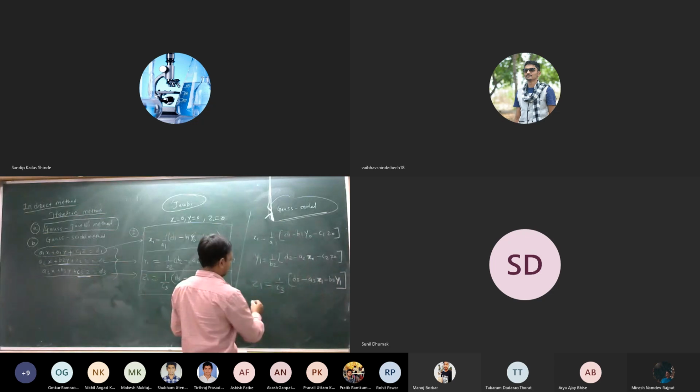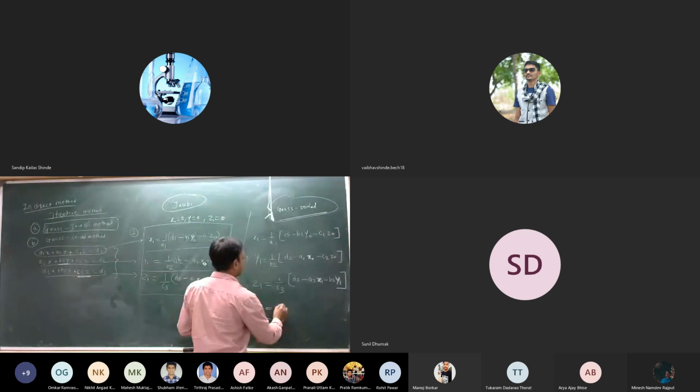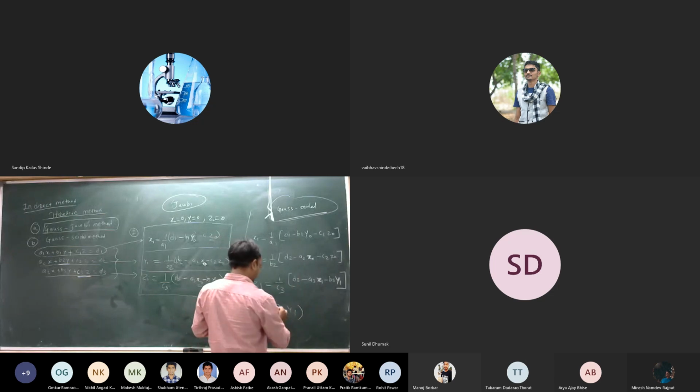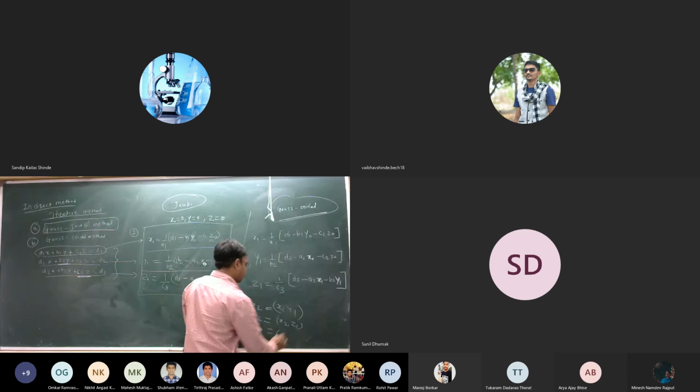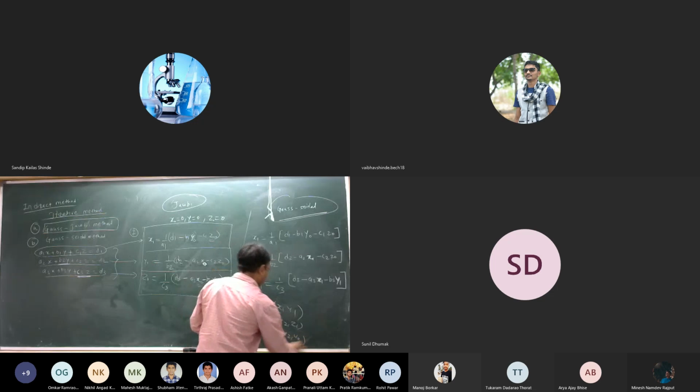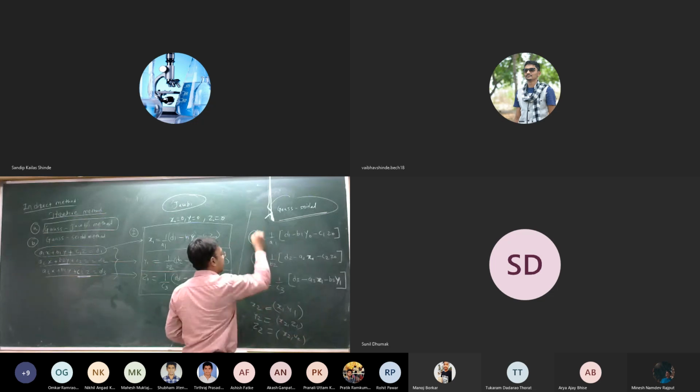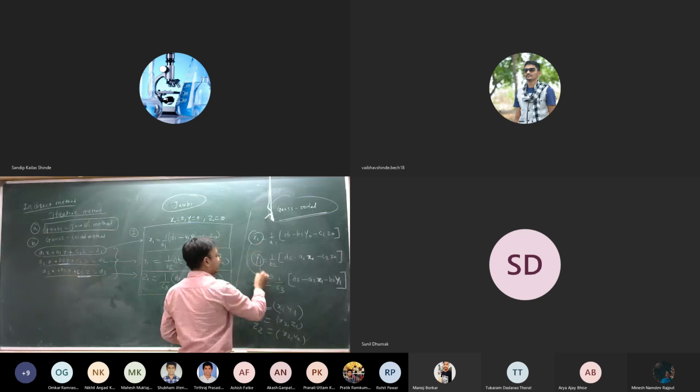Again, at the next level we need to calculate x2, y2, z2. For y2 we use the x2 value and the z1 value. In the same way, for the z2 value we use the x2 and y2 values, because these are already calculated, so we can put them in this equation.